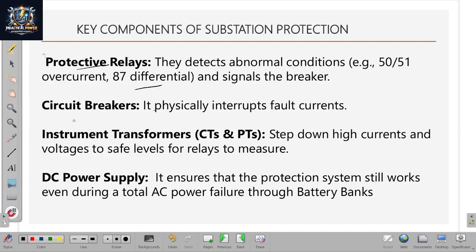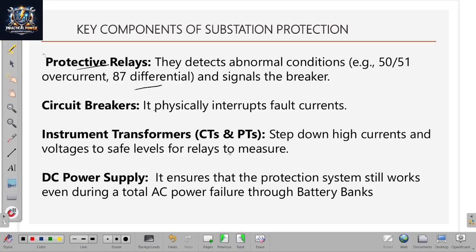What is the role of the circuit breaker during protection? It physically interrupts or isolates the fault current. Then the instrument transformer also has a role in protection coordination. It steps down the high current and voltages to safe levels for relays to measure.